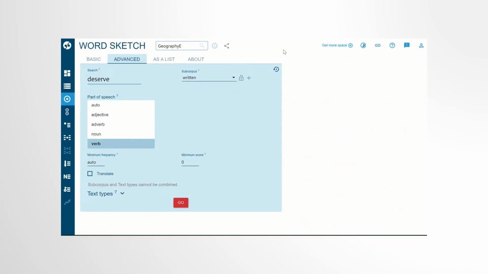Now there are two questions we haven't really given fully satisfactory answers to. The first of these is, can we find exact correspondences between writing and speech in this area? So does a phrase like this deserves a brief mention have an exact equivalent in speech? So that's something we might look at.